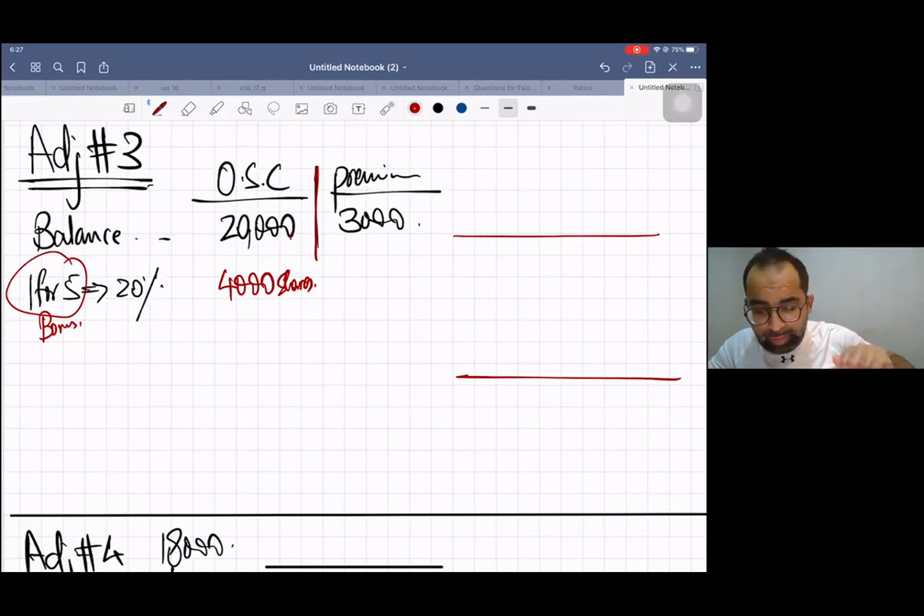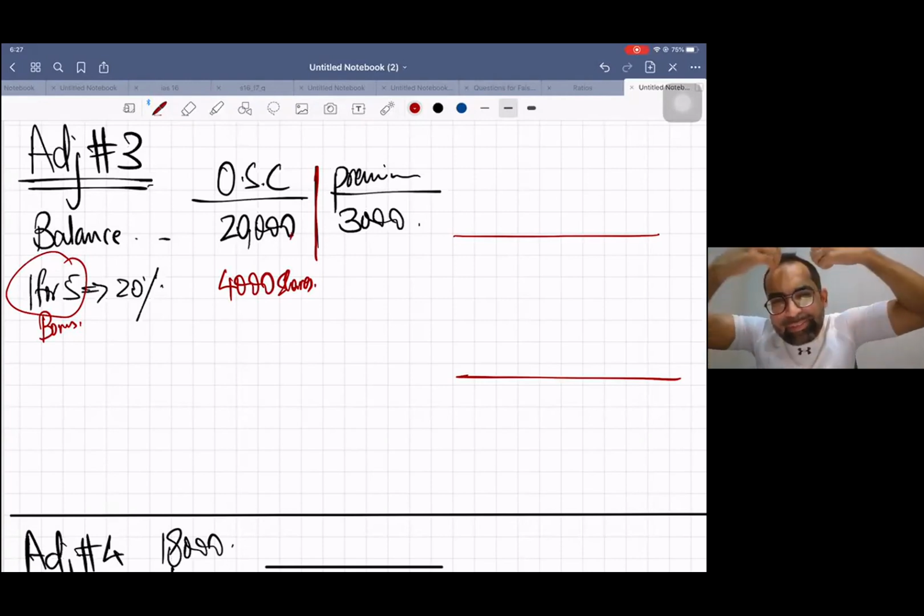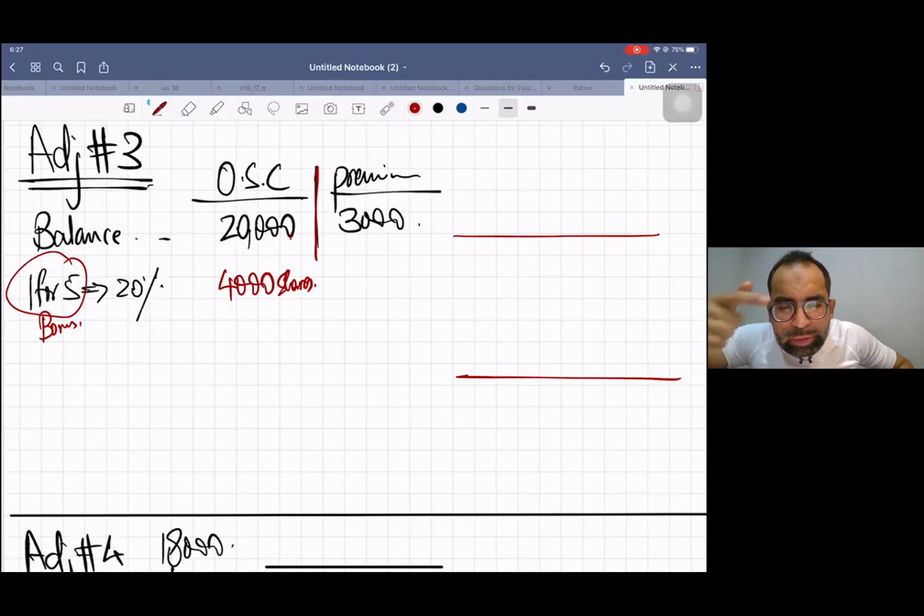Now, whenever any company in the world issues shares, they credit the share capital with face value. So 4,000 shares, the face value is $1, so 4,000 times $1 is 4,000.